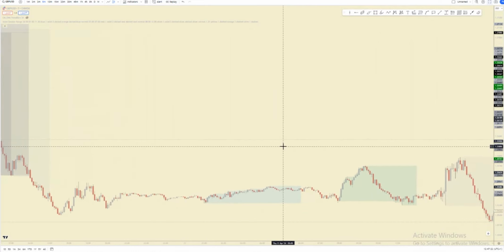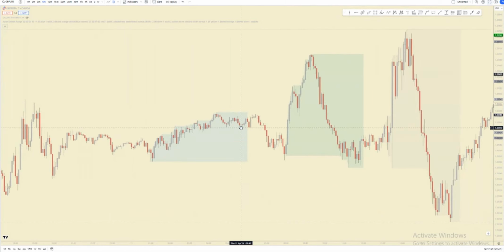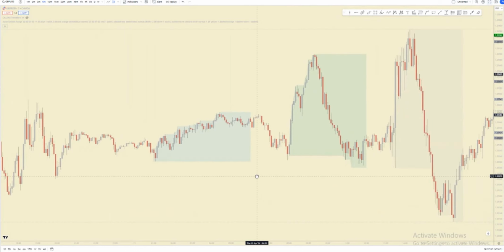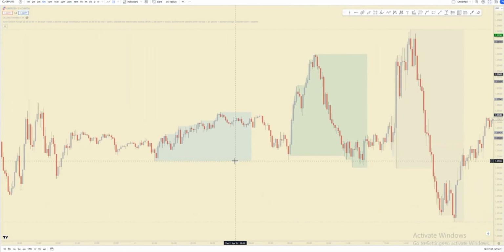Let me make this a little bit clear. What do you think? Trending. Yes, Asia was trending to the upside right here. It was breaking structure to the upside. And we first had this demand zone which Asia respected.